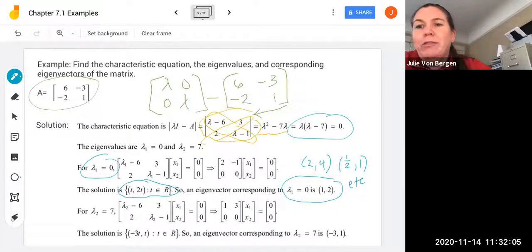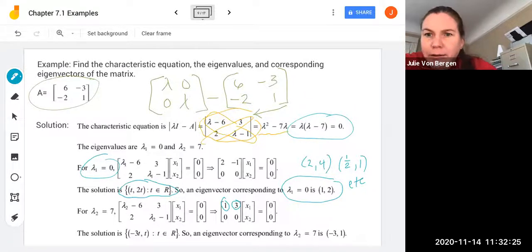So when we plug in those values, okay, 7 minus 6 gives us the 1 here. We've got the 3. We're going to get 0, 0 in the second row when we plug these in, and then multiply these by x1 and x2. We again get real solutions here.